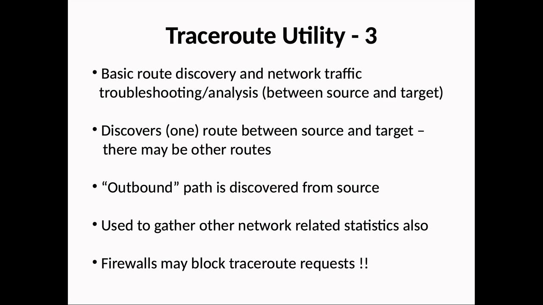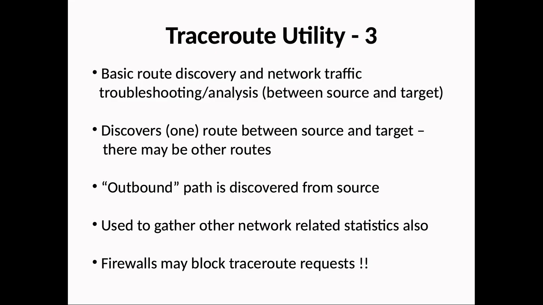If there is no route between a source and target, the traceroute utility will tell you about that. And if there are more than one routes between a source and target, then traceroute will discover or attempt to discover any one route. This technique is actually called outbound path discovery starting from the source device.